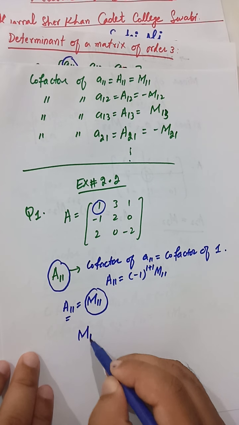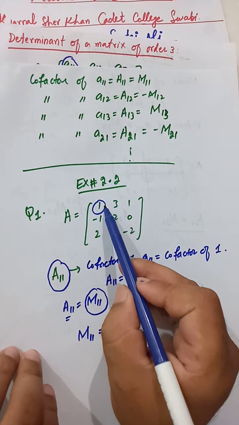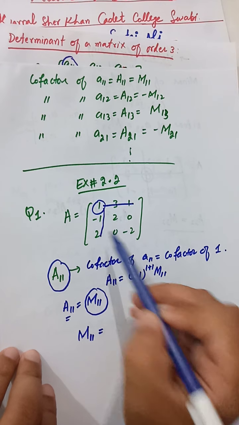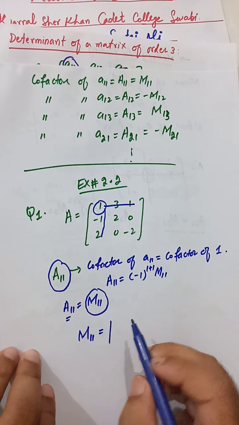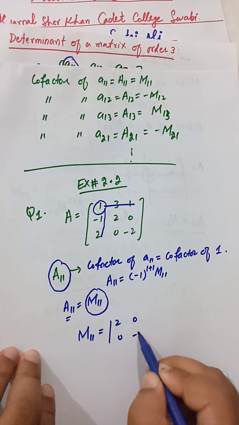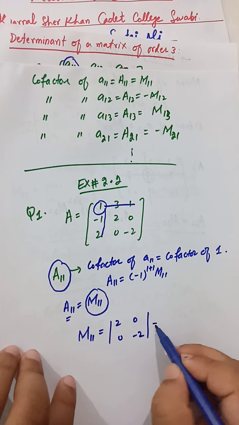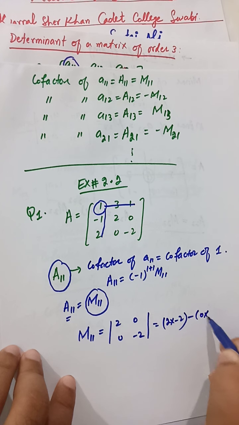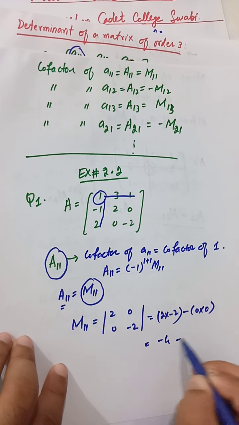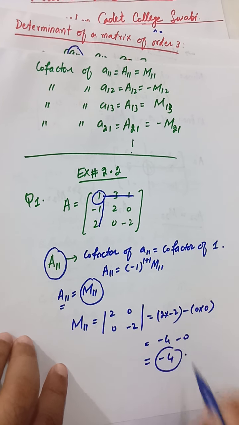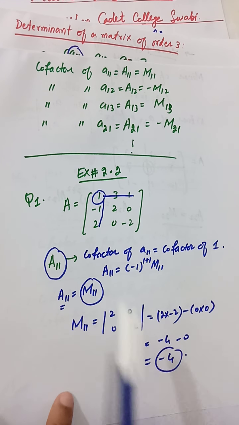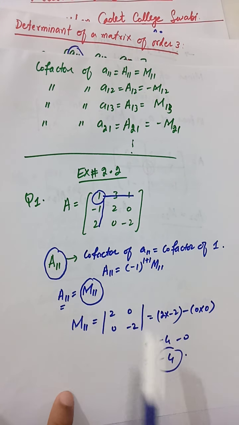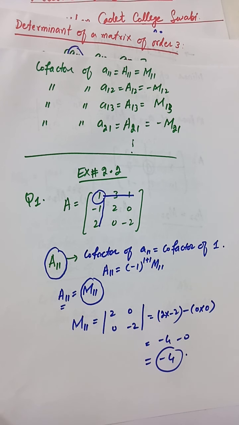The definition of M11 is that you cancel out the first row and first column, and the rest of the matrix is written in determinant form. So 2 multiplied by minus 2, minus 0 multiplied by 0, gives minus 4 minus 0, so minus 4. So minus 4 is the cofactor of this element, as well as the minor of this one.